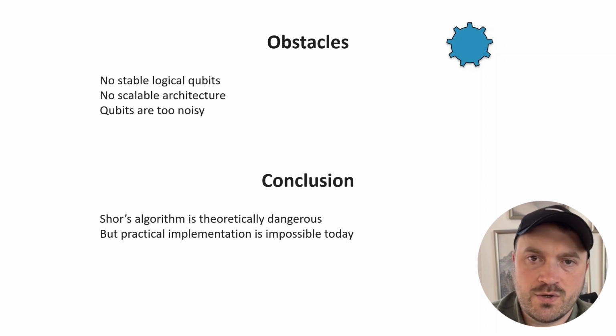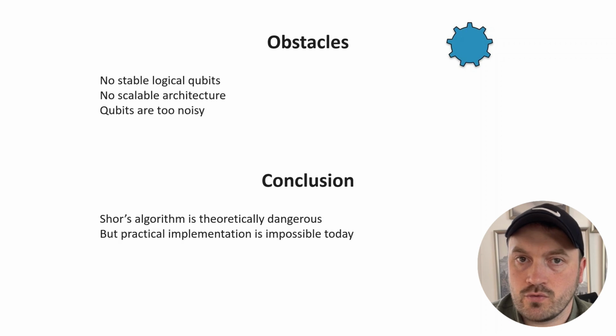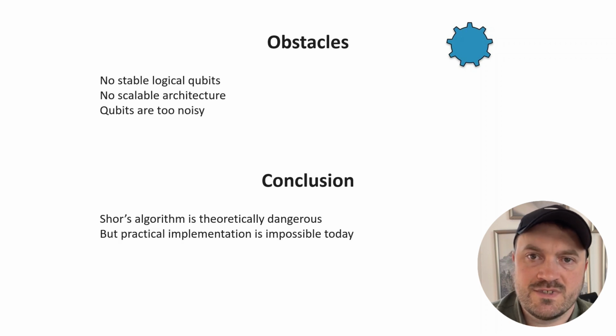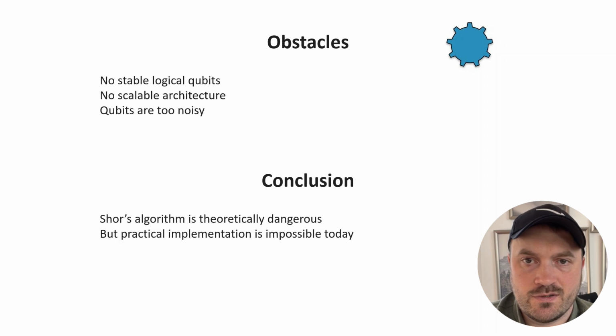The qubits we do have are too noisy. Logical qubits are not yet realized. Error correction is still in prototype stage. The infrastructure of quantum machines is just beginning to form.